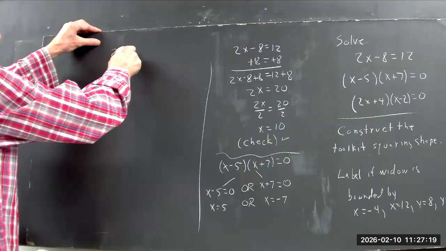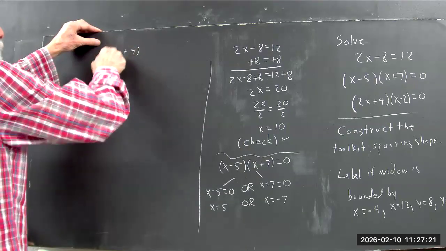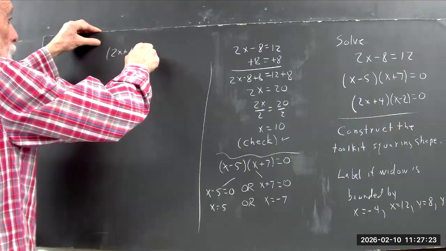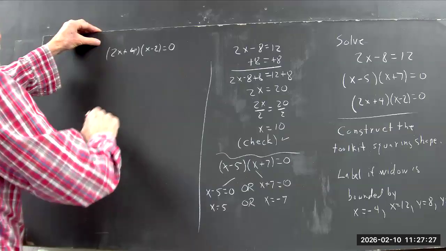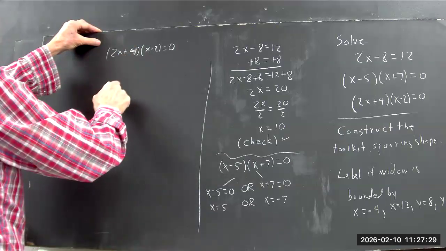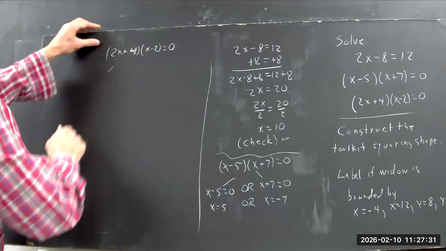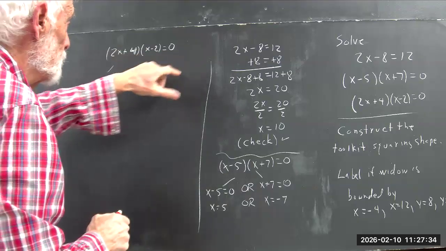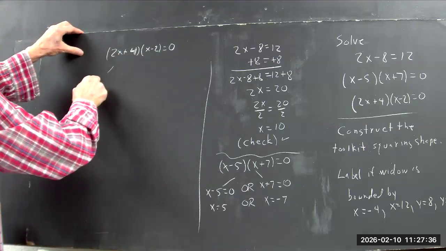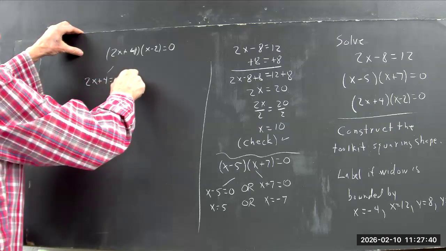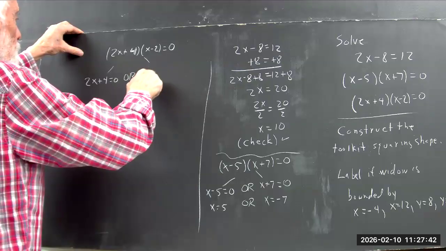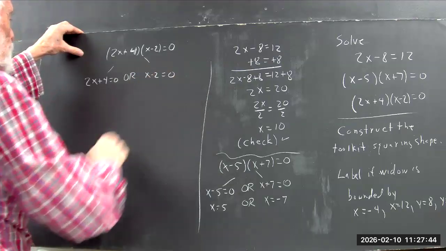Now, if you have this equation, 2x plus 4 times the quantity x minus 2 equals 0, then this also splits. The only way this times this can be 0 is if this is 0, if the 2x plus 4 is 0, or if the x minus 2 equals 0.